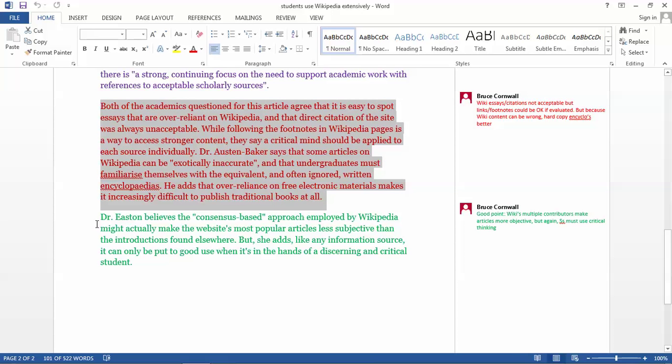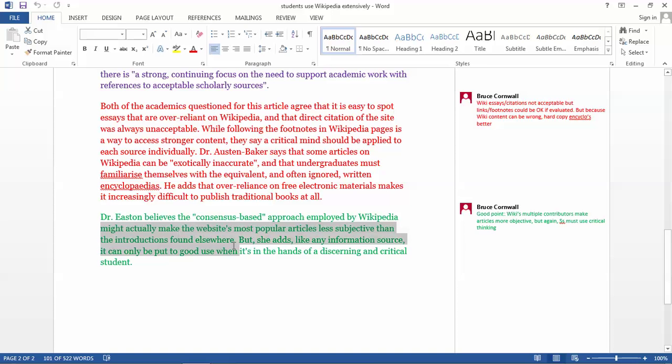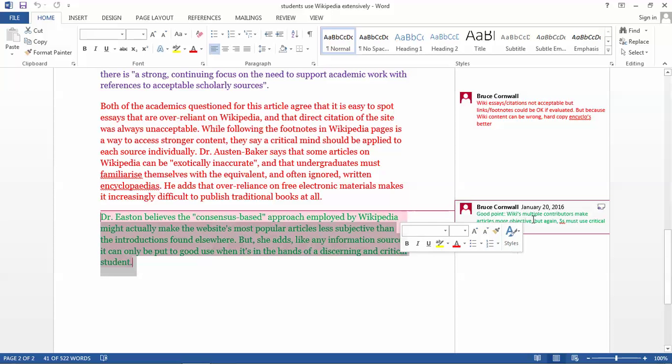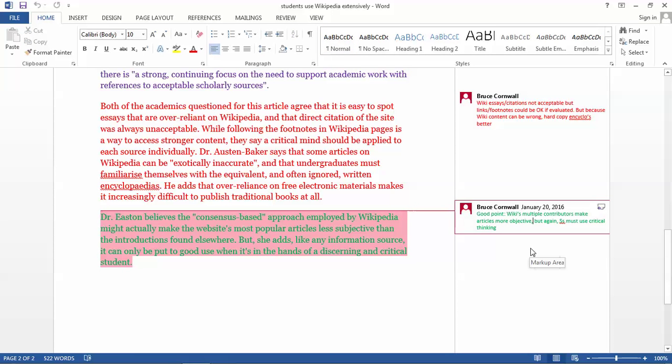So let's go to the last paragraph. Again, this seems to be a pro, because one of the academics that contributed to this article says that the approach employed by Wiki, in other words, by having multiple contributors, now this is my own words I'm transferring into, makes the articles more objective.